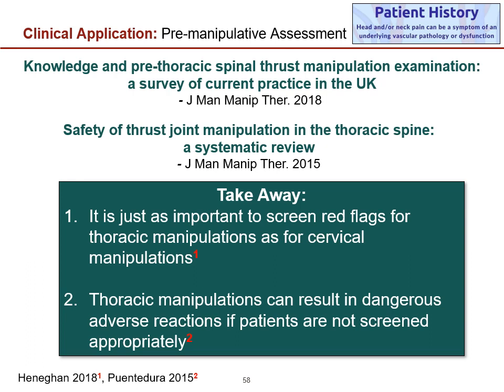And second is that the thoracic manipulations can also result in dangerous and or adverse reactions if patients aren't otherwise screened appropriately. What it doesn't necessarily provide is a streamlined or evidence-based workflow that is as comprehensive as has been delineated for the cervical spine.